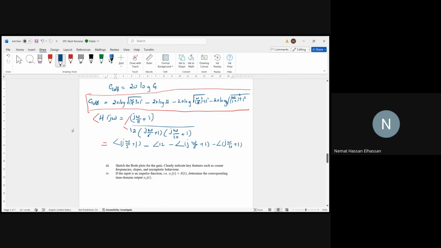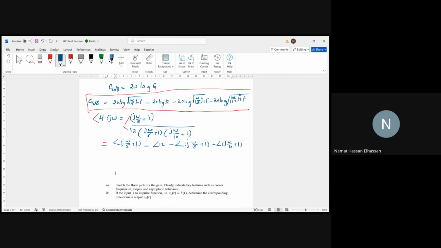Now if I evaluate these angles, each is equal to tan inverse of the imaginary over the real part, which is omega over 5, minus 0 because 12 is a positive real number, minus tan inverse omega over 6, minus tan inverse omega over 10.